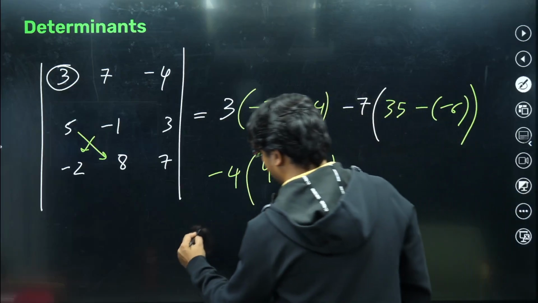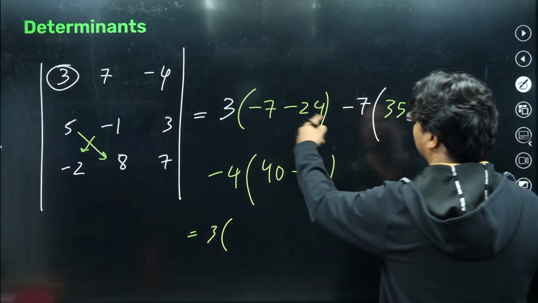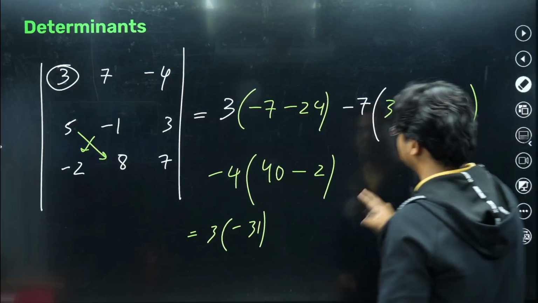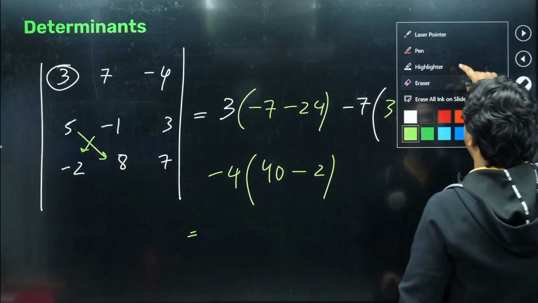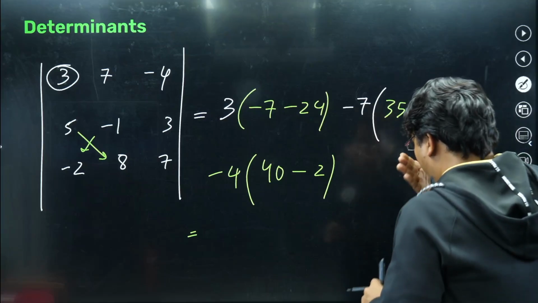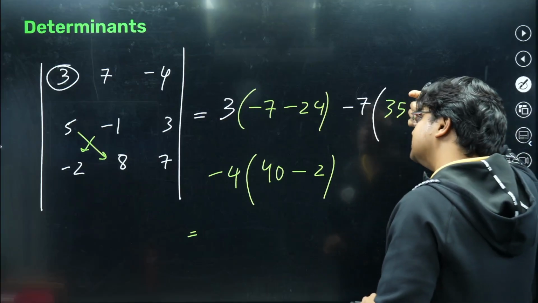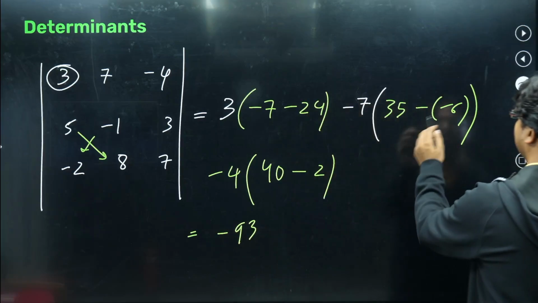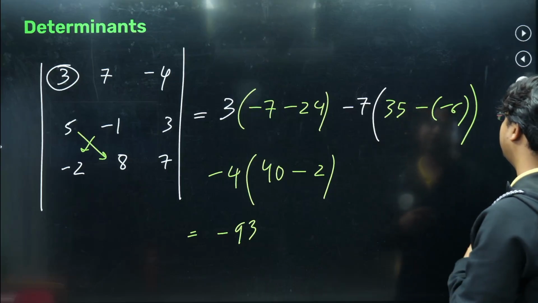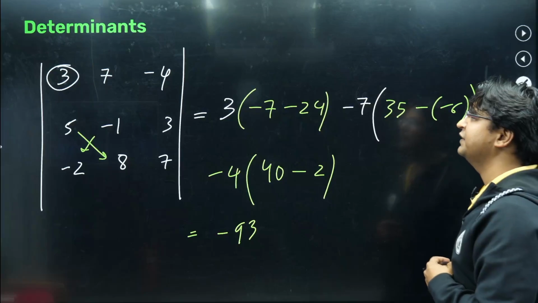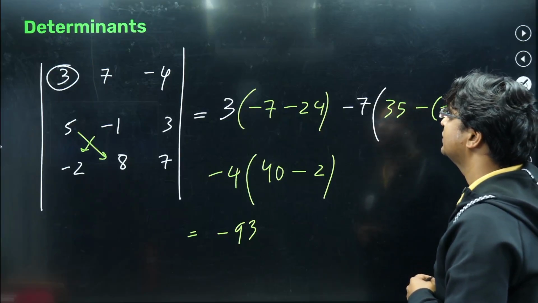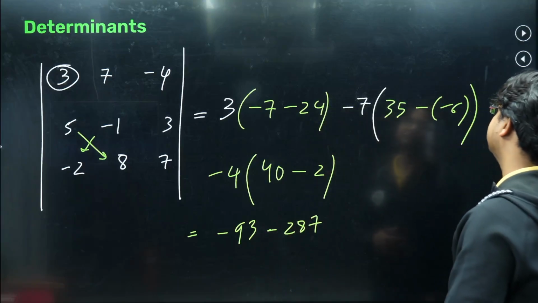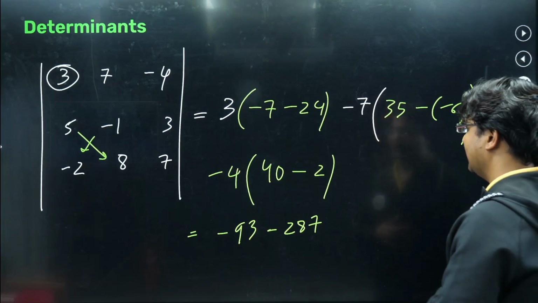you can calculate. So this will become 3 into minus 31. I'll do it in one step only. Three into minus 31 is minus 93. Then this one is 41. 41 into 7 is 287, minus 287. And here again negative value.